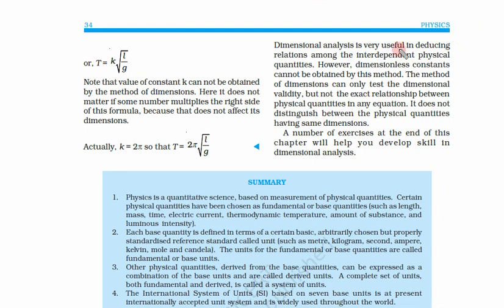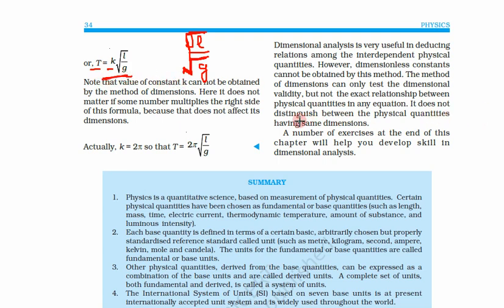Now let us put it in this form. L half means under root L, and g minus half means in the denominator we get under root g. When we put a bracket, we get under root L by g.